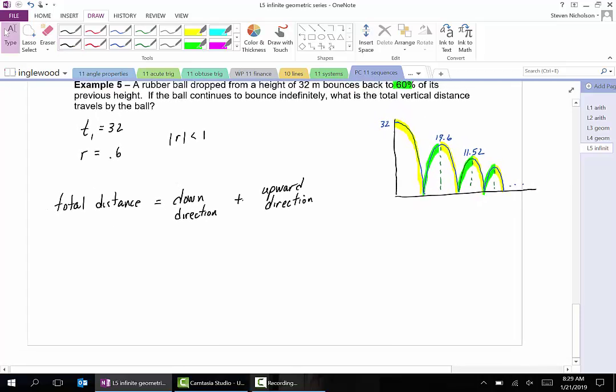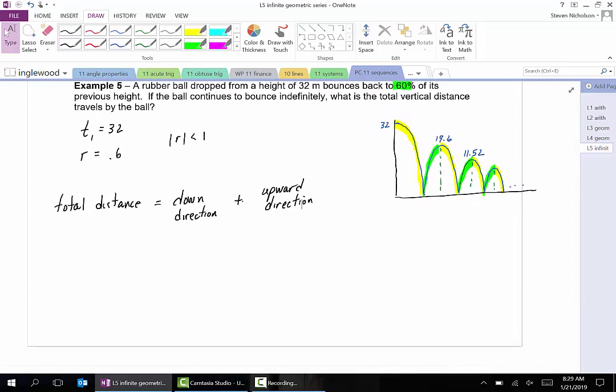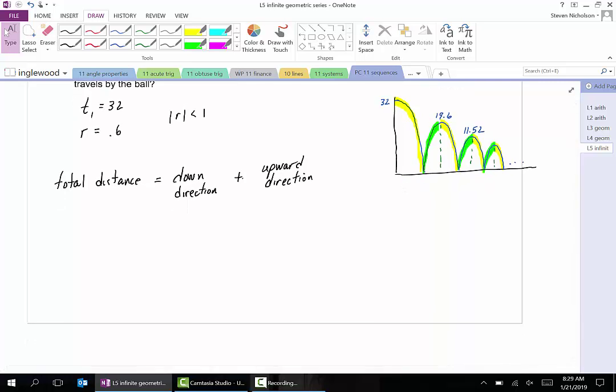Now, the nice thing is they're very similar, and it's this notion of, if we start at 32, it goes down, then it goes down another 19.2, and then it goes down another 11.52, and so on and so on. So there's this infinite down series in here, along with the infinite up series, but they start at different places, and that's what's important to understand and draw the picture.